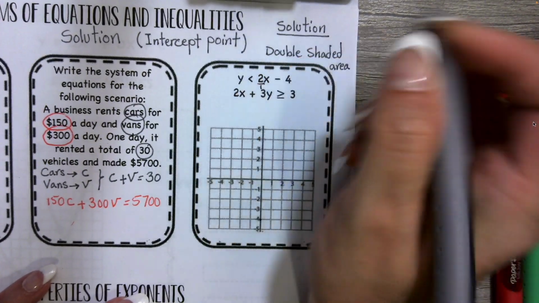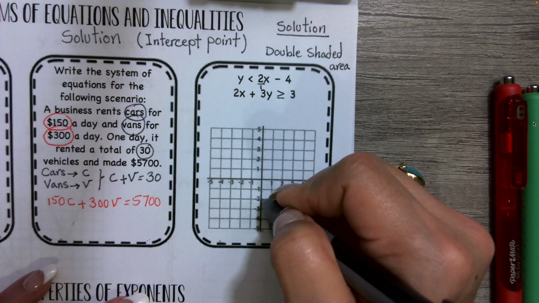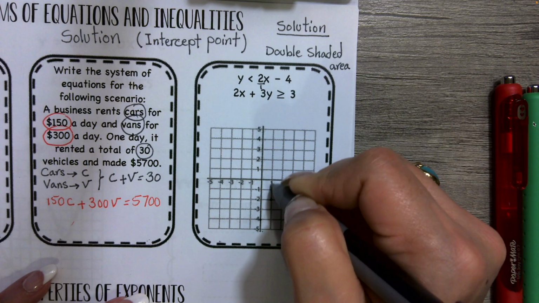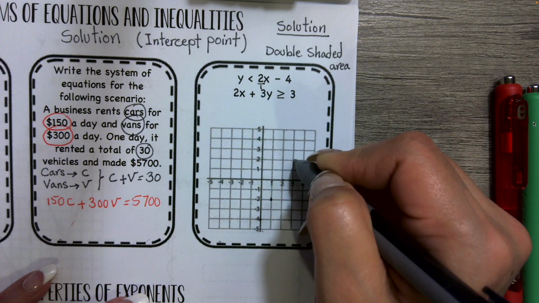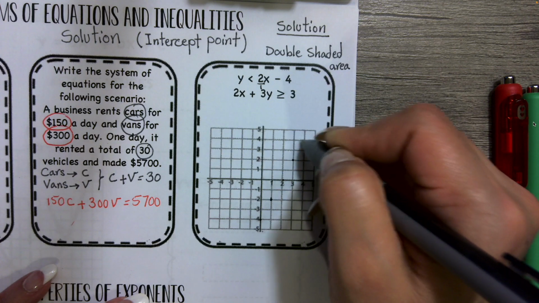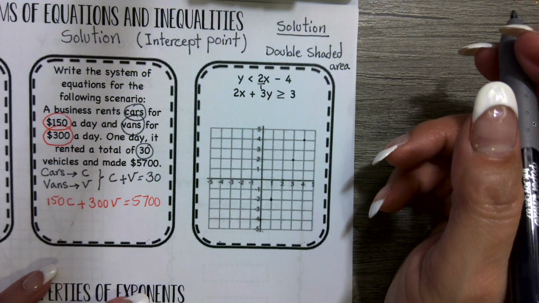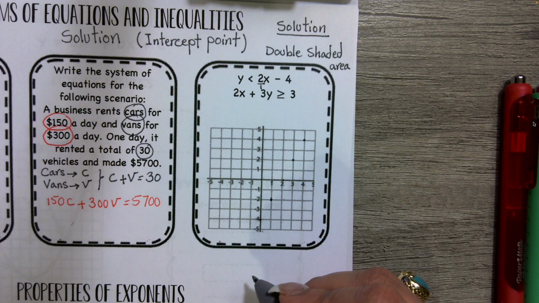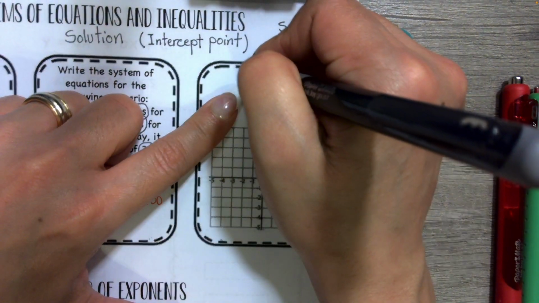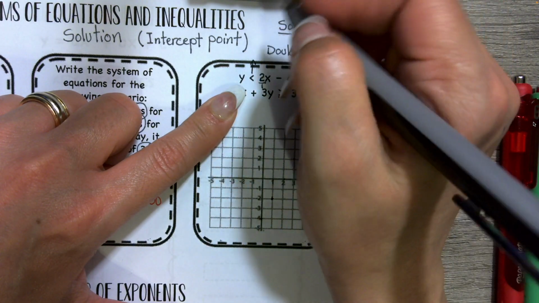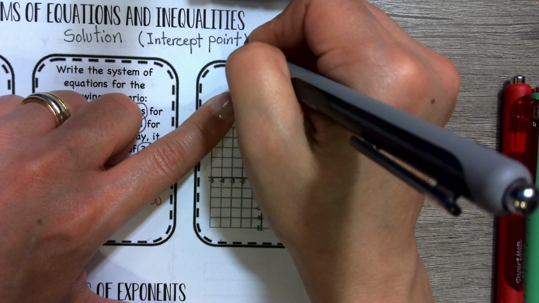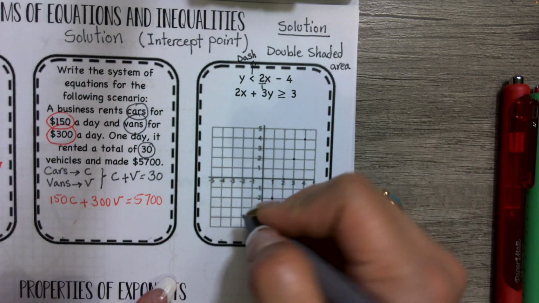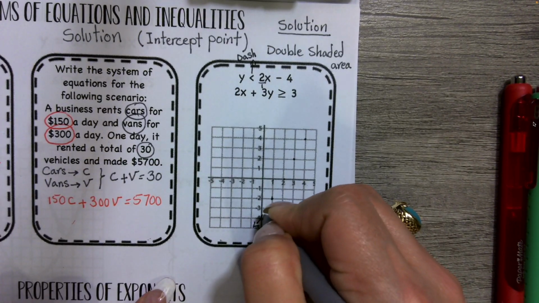So it would be 2 up, 1, 2 up, 1. Is that right? So I just found my line, which goes this way. But if it doesn't have an equal sign, that should be dashed. Dash line, right? So it should be like this.